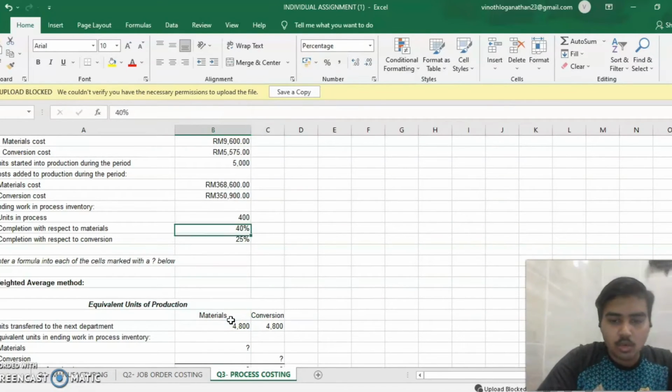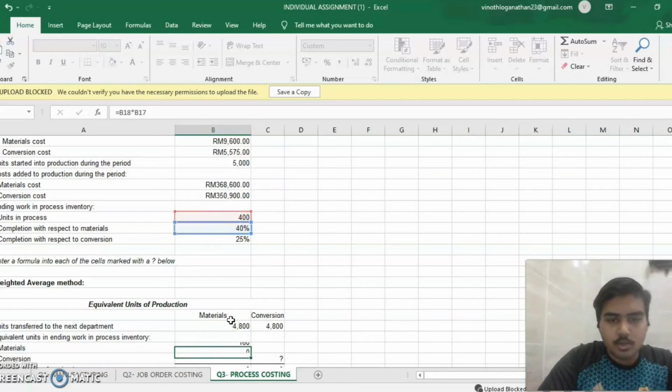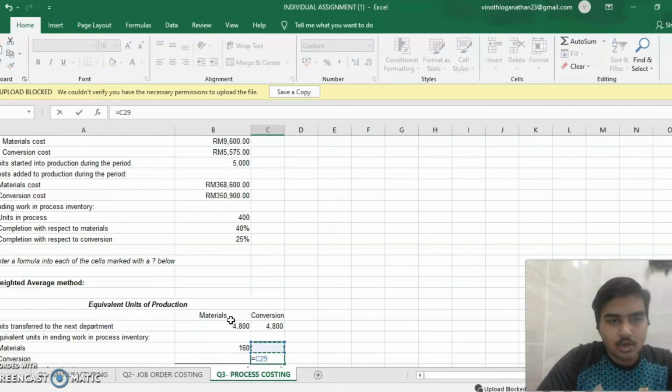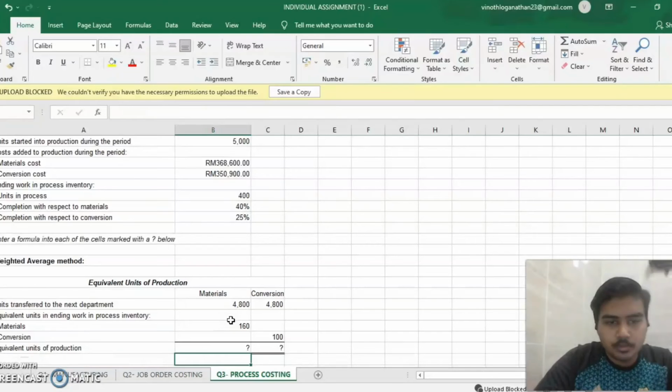So here for materials it is 40% times the units in process, and here, this is the conversion, so we go for 25%, 25 D19 multiplied with 400 units as well.